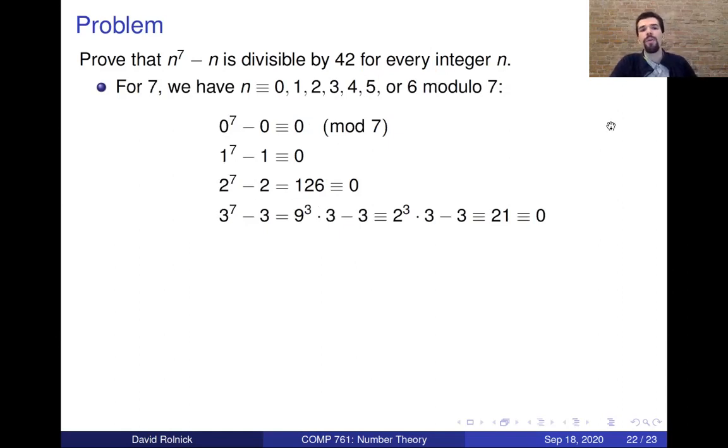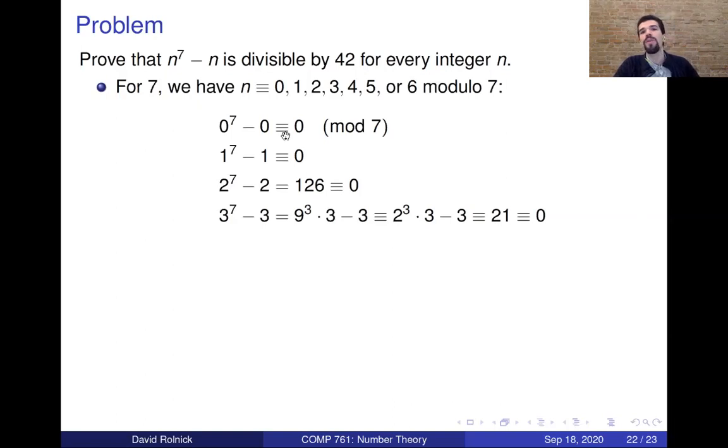So I said, OK, well, 3 to the 7 is 9 to the 3 times 3. It's just 3 squared, cubed, times 3. Now I'm working modulo 7, so 9 is just 2. So it's 2 cubed times 3 minus 3. I can calculate that a lot more easily than 9 cubed. So I just have 8 times 3 minus 3, which is 21, a multiple of 7. Great.